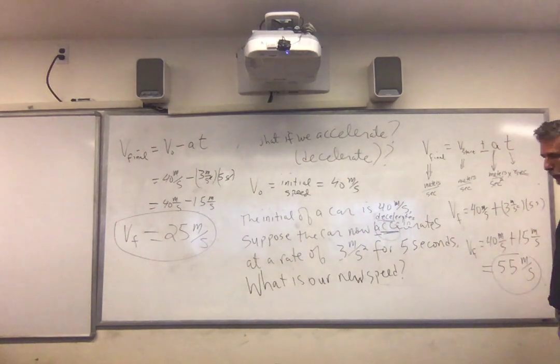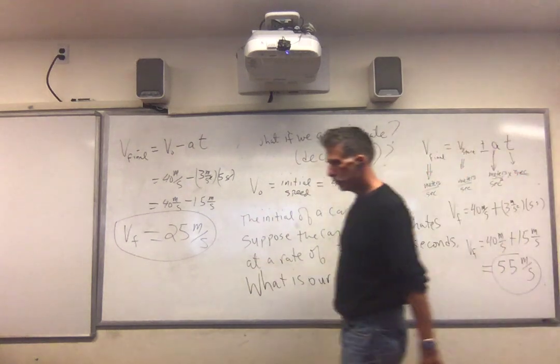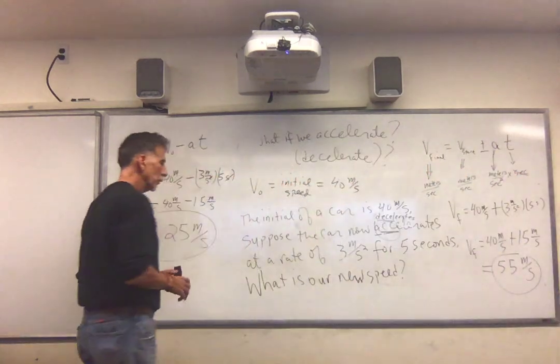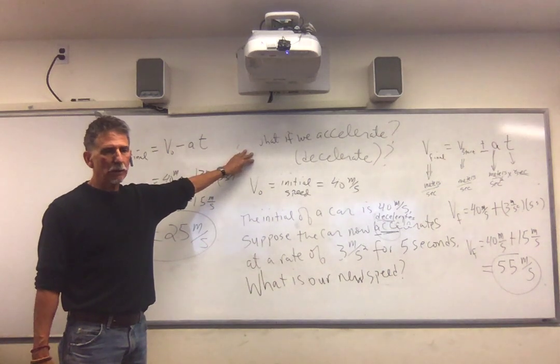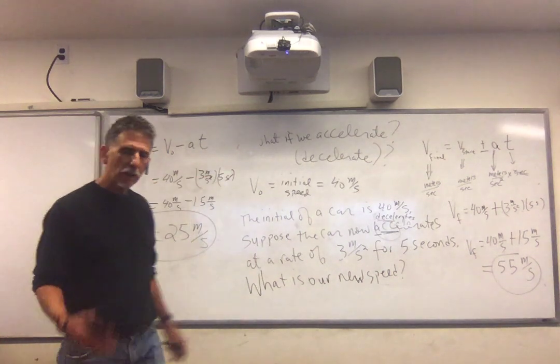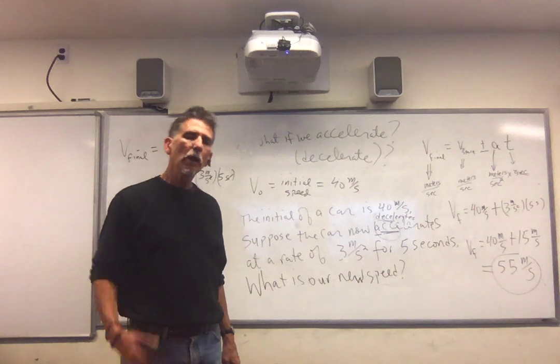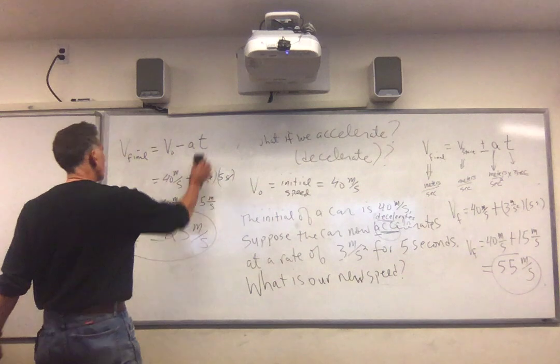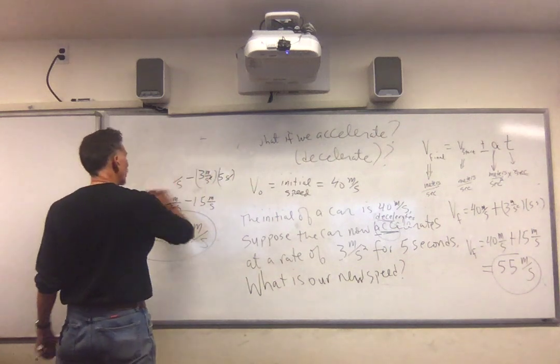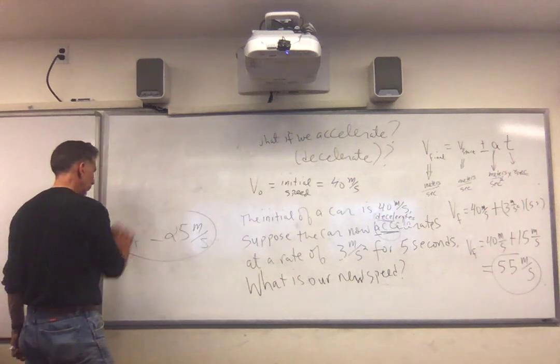Very, very simple. Okay? Not that hard. And again, the problems that we do, you can do this in your head. Just be aware that if you accelerate, the final answer must be greater, and if you decelerate, the answer must be smaller. Okay? Now, I want to go back to one other equation we've already had.